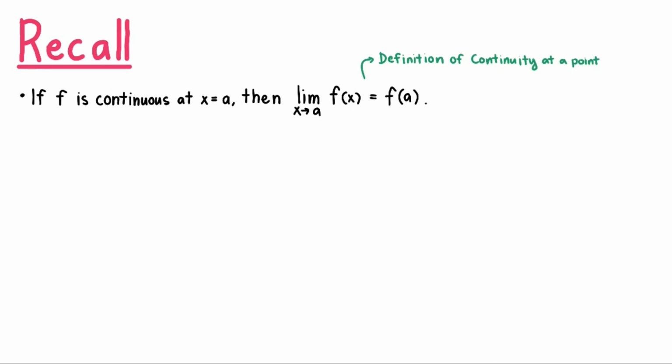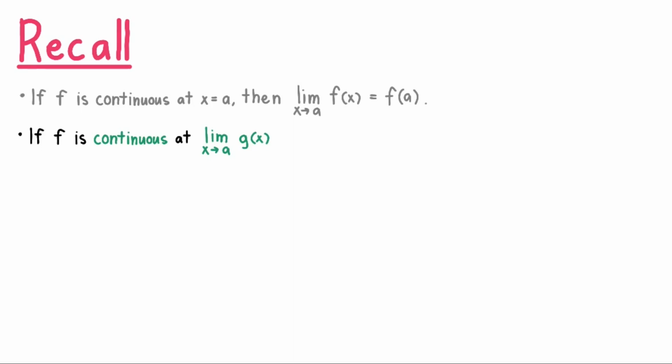Next, if a function f is continuous at the limit of another function, say g, at the point A, then by a theorem in the past, we know that the limit of f of g of x as x approaches A is equal to f of the limit of g of x as x approaches A. Basically, if this outside function f is continuous at the limit of the inside function at the point A, then we can move f outside of the limit.